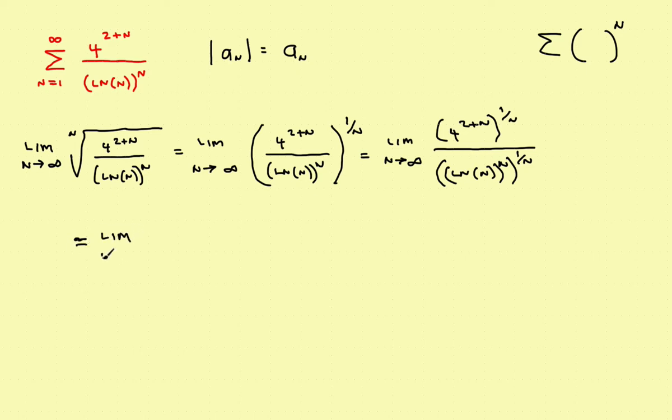So you've got the limit as n approaches infinity, and we'll write this like this. In the numerator, you would have 4. Now again, when you've got a power raised to a power, you multiply. So this is going to be 2 plus n times 1 over n divided by the natural log of n.